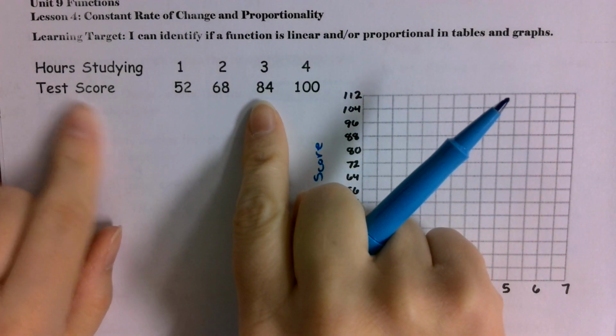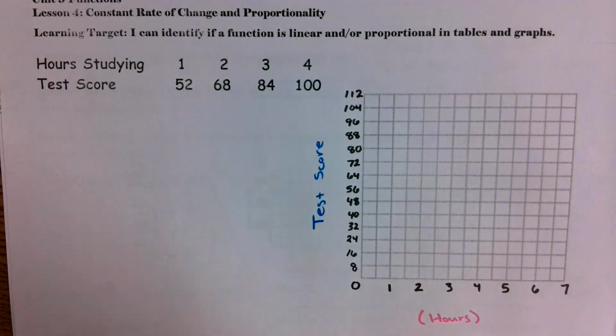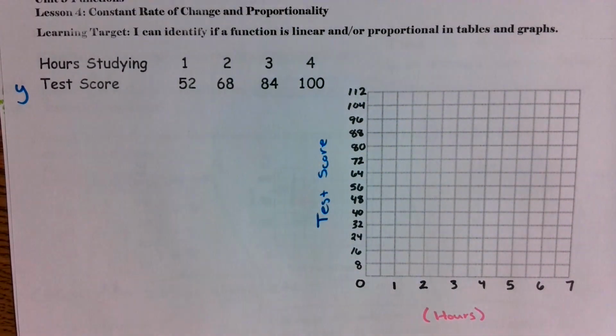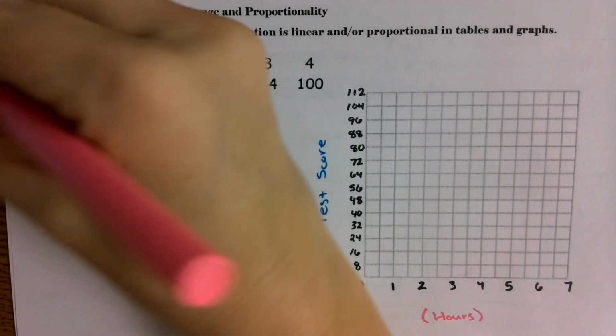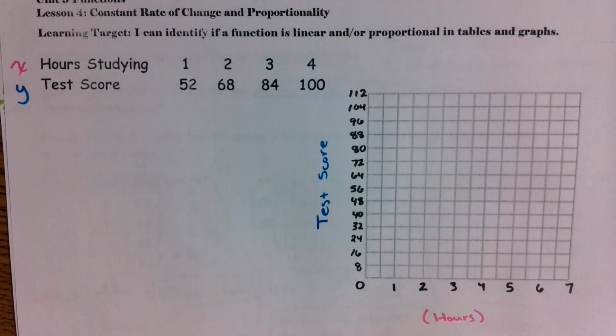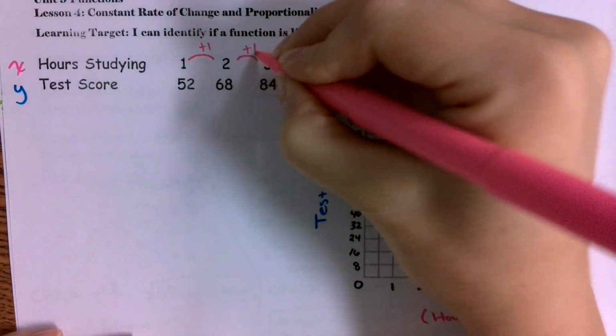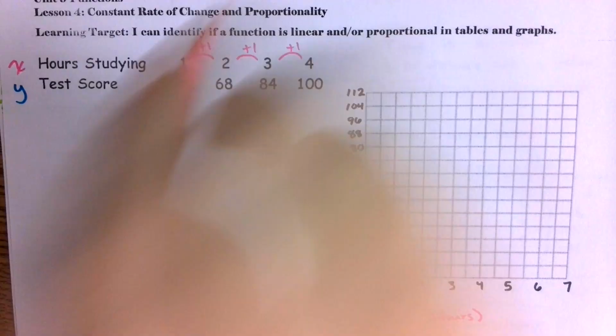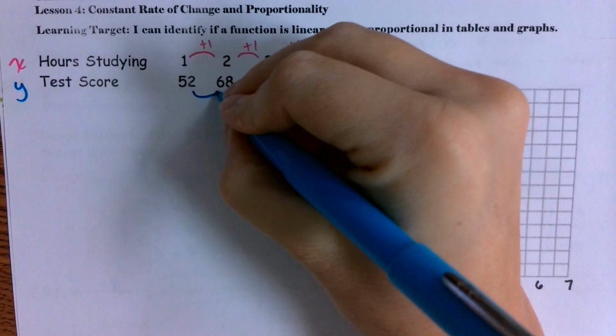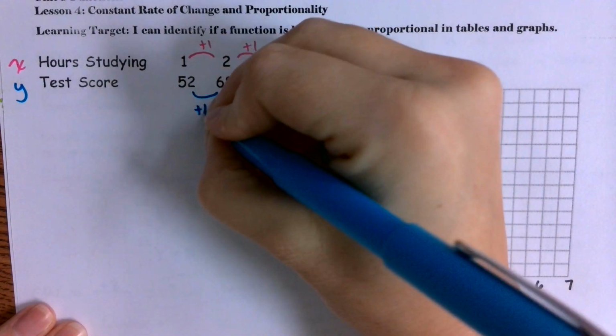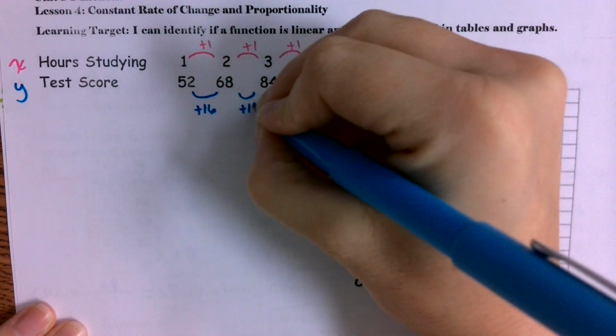So if we're talking about test scores versus hours studying, okay, this would be your Y. Then that's like a 16% increase of your score per hour that you were studying is basically how that would relate. Okay, so we know that as our X is increasing each hour, our test score, our y, is increasing by 16 each time.